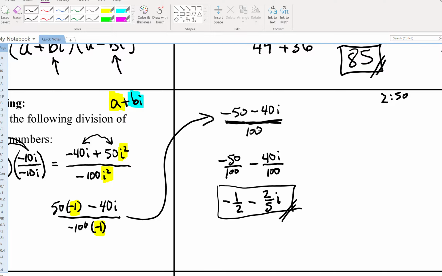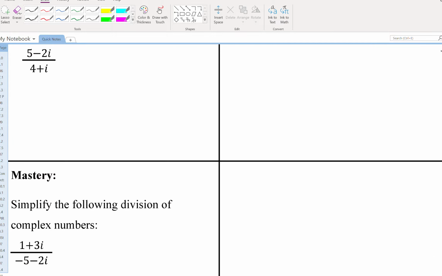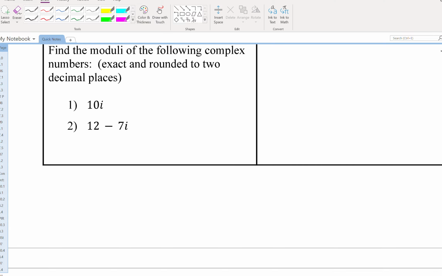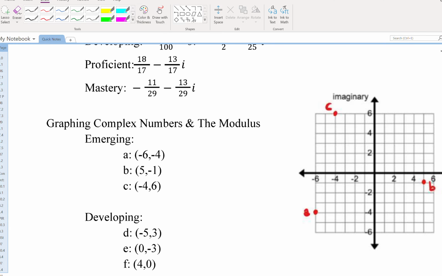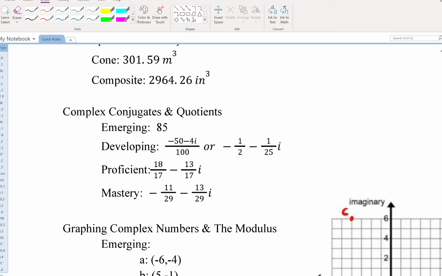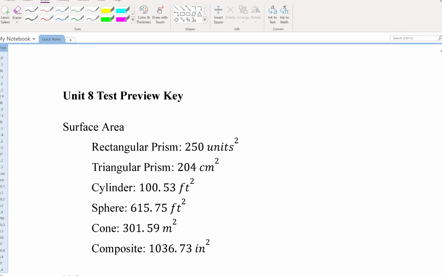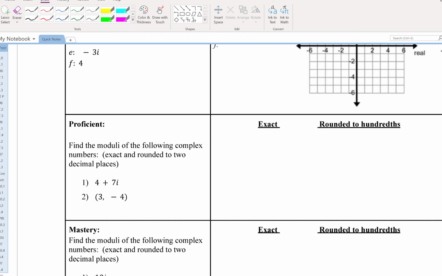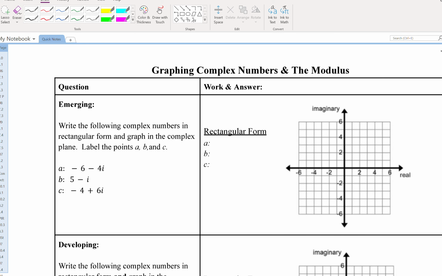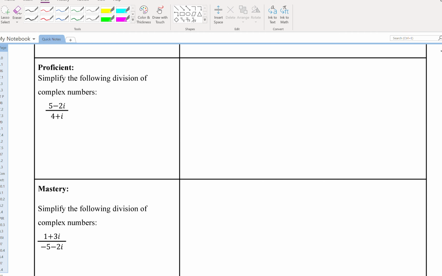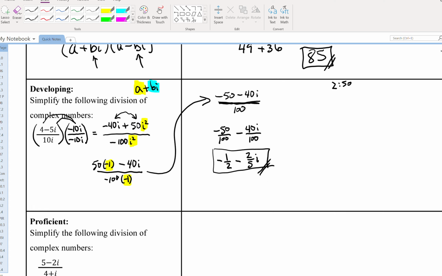Now, for the answers that we gave, if we go to the end of this, we wrote both of them. Let me see here. Let's see if I made a mistake.